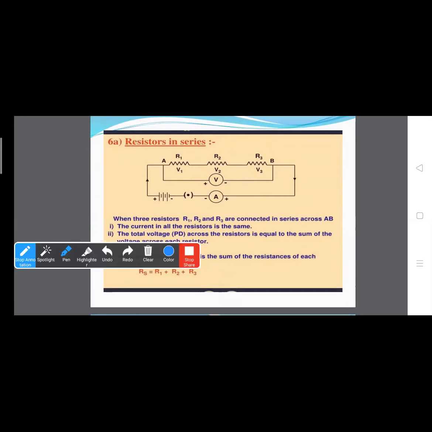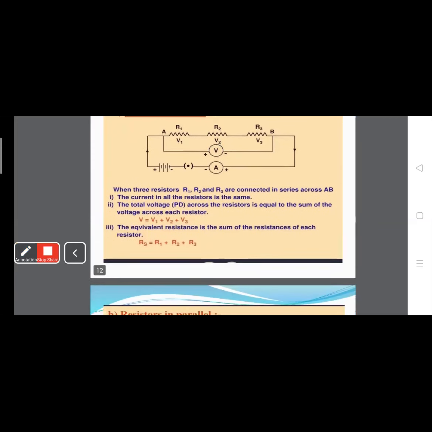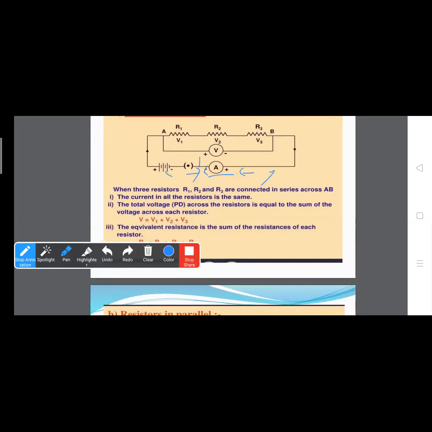So V1 is the potential difference across R1 here, V2 is the potential difference between this point, and V3 is the potential difference between this point. Clear? When these 3 resistors are connected in series, the current in all resistors is the same. And the total potential difference is given by V equal to V1 plus V2 plus V3.